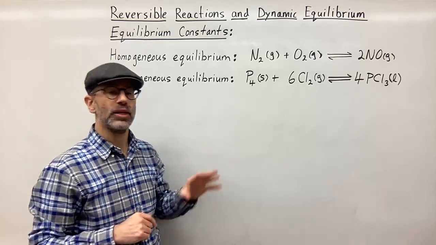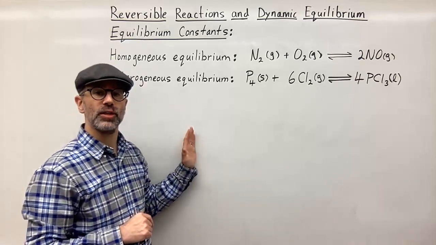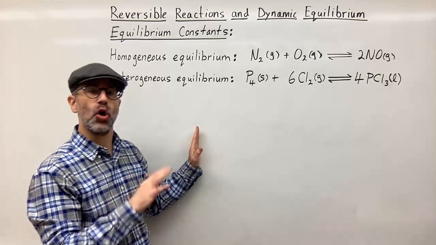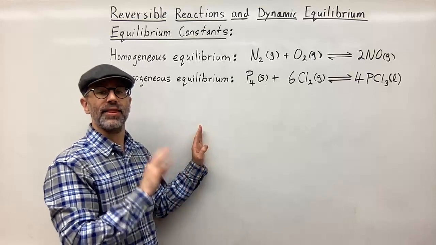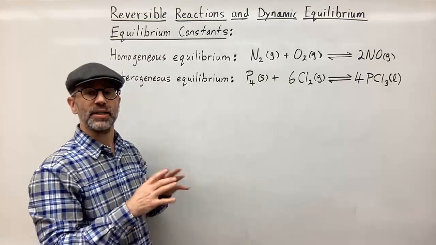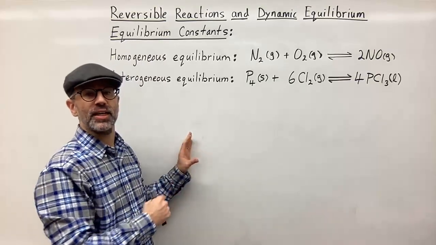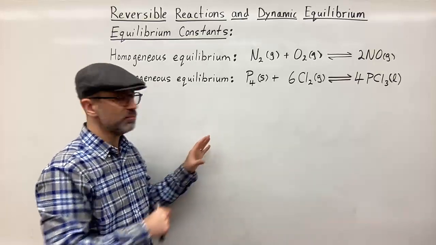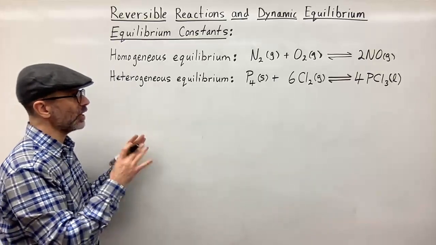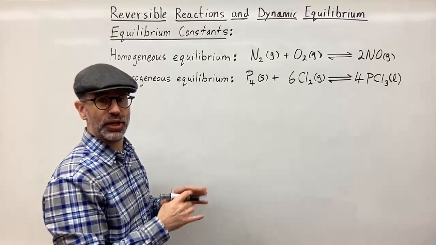Okay? So the equilibrium constant is only dependent upon those reactants and products that change in concentration. So it depends on only things that can change concentration.